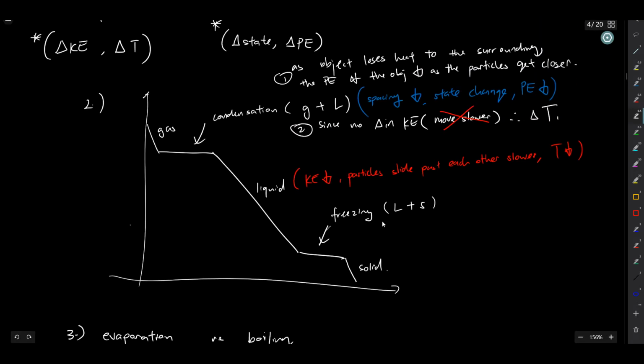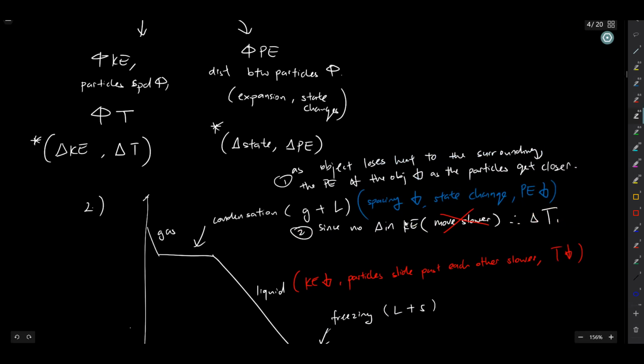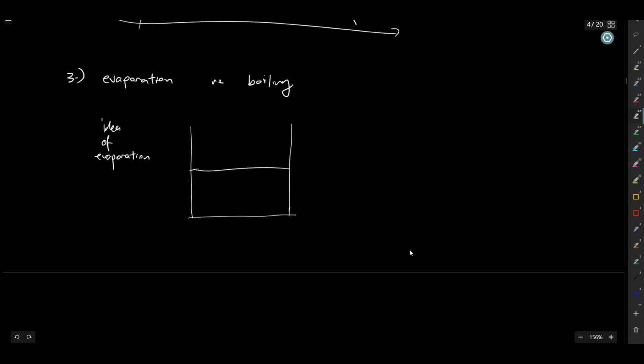Yes, temperature is constant because there's no change in KE, number one. Then what do you talk about potential energy? Energy is gained as potential energy as the particles move further and further away from each other. Okay.